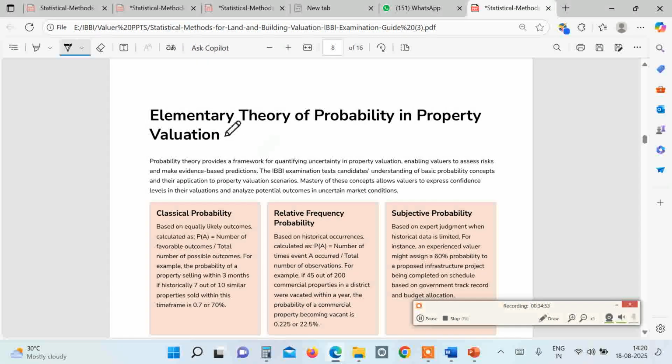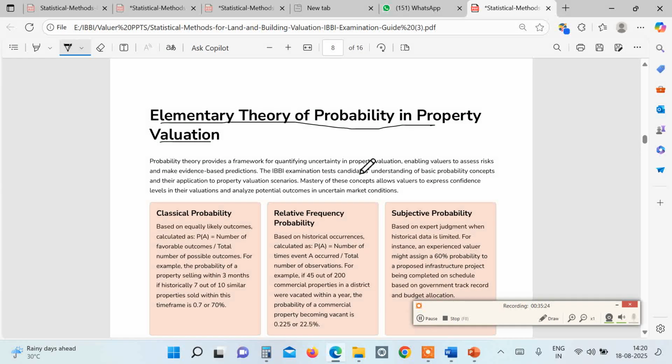So next is elementary theory of probability in property valuation. Now we'll be discussing the basics of probability and how the theory of probability is used in property valuation. Probability theory provides a framework for quantifying uncertainty in property valuation, enabling valuers to assess the risk and make evidence-based predictions.